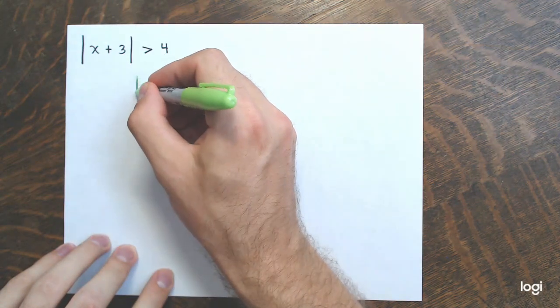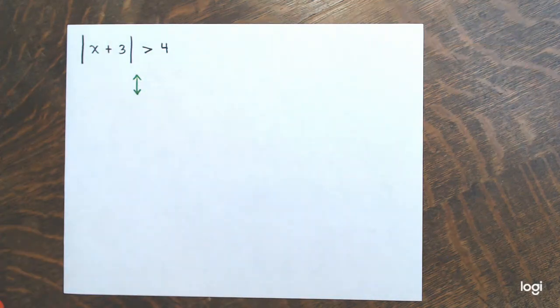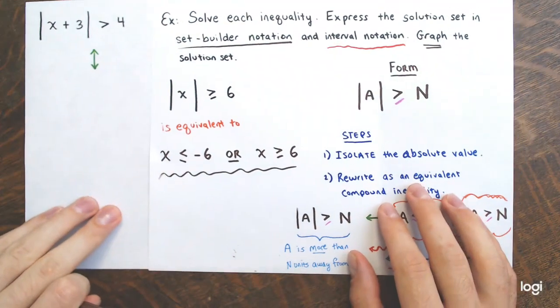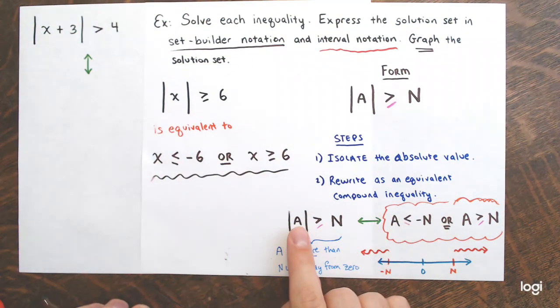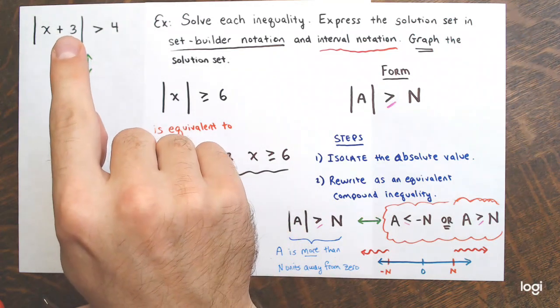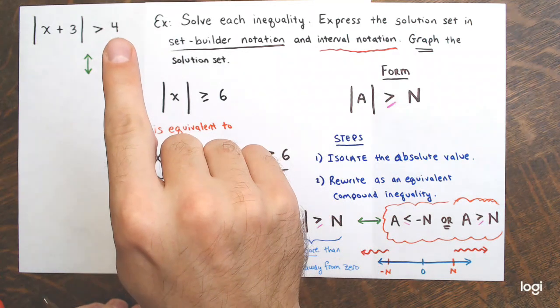So now I can write this equivalent compound inequality. If you go back to the first page in this video, remember how we wrote the equivalent compound inequality right here. Well, this time the a is this whole expression x plus 3, and the n is this non-negative number 4.